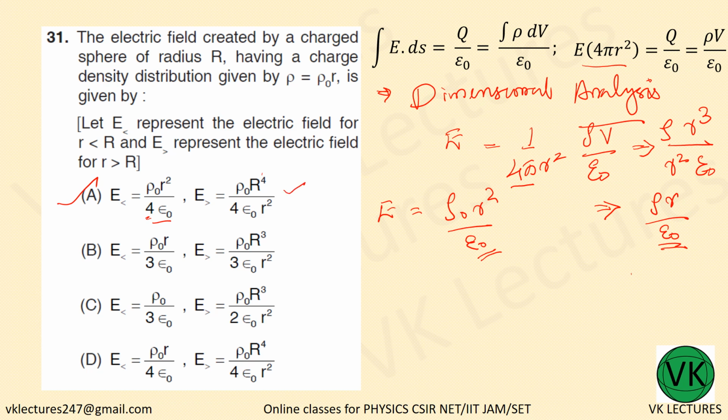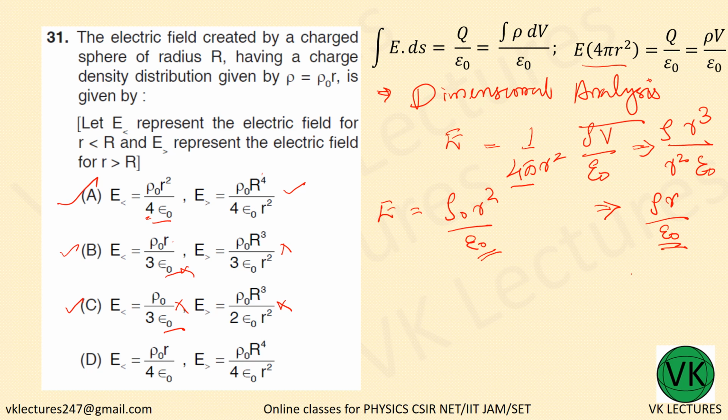Now look at the second and third options, B and C. Rho naught r by 3 epsilon naught, not correct. Rho naught r cube by 3 epsilon naught r square, again it is not having the same dimension. Rho naught by epsilon naught, again it is not correct. Rho naught r cube by 2 epsilon naught r square, it is having rho naught r, so it is also not correct.